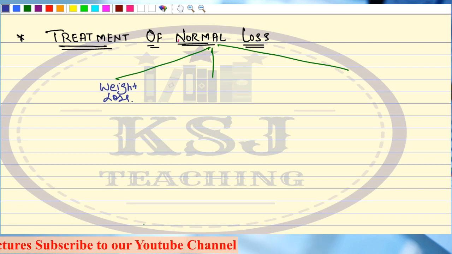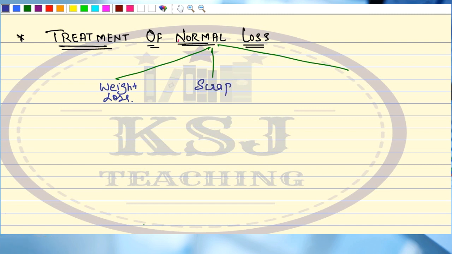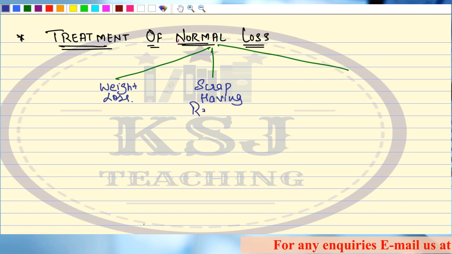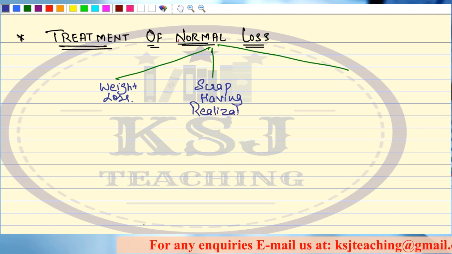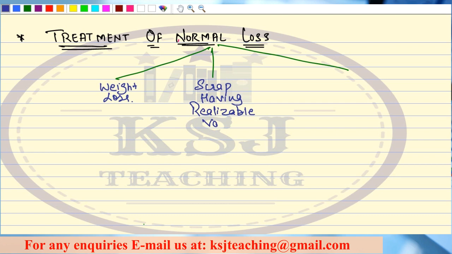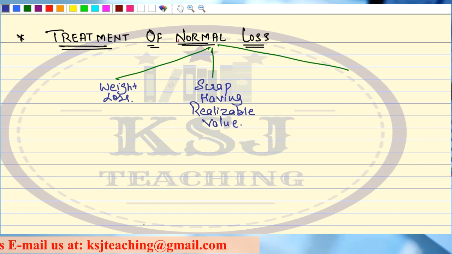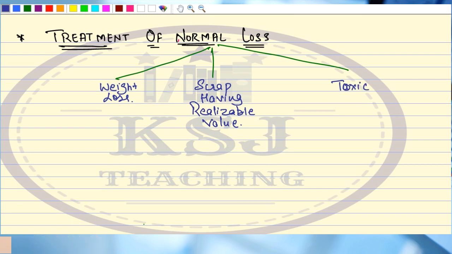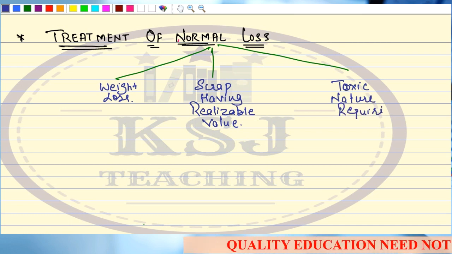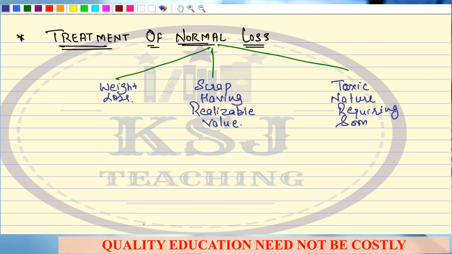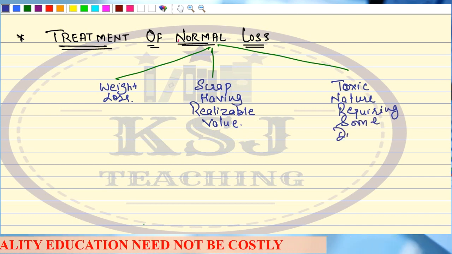The second one is in the form of scrap having realizable value. Nothing to write, everything is given in the books, don't worry about it. Third one is in the form of a toxic nature requiring some disposal cost.